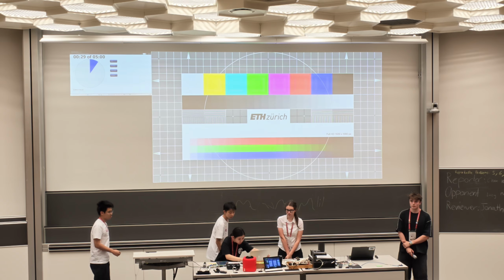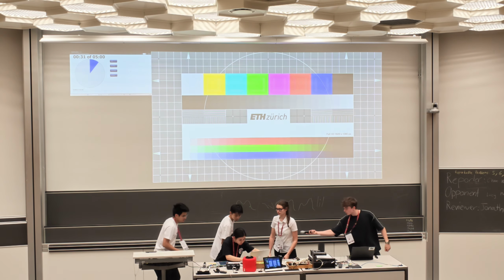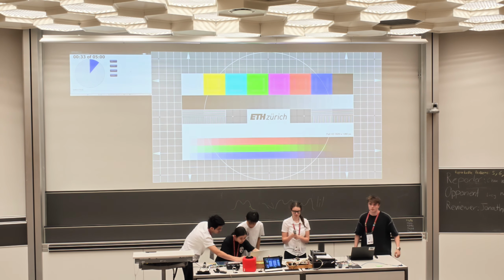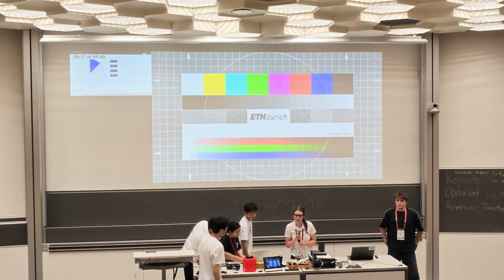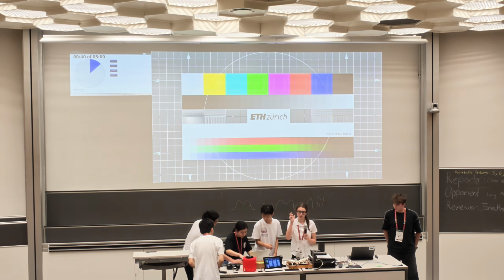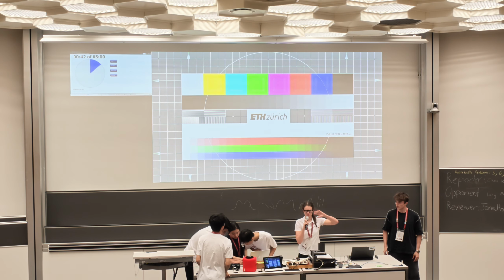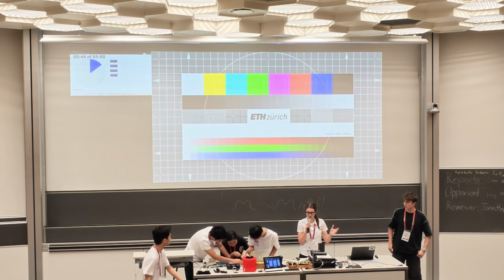Maybe a question to the opponent. Is it possible that the crater is created when you drop sand in the air? When you just drop sand in there, I don't think it would be created.